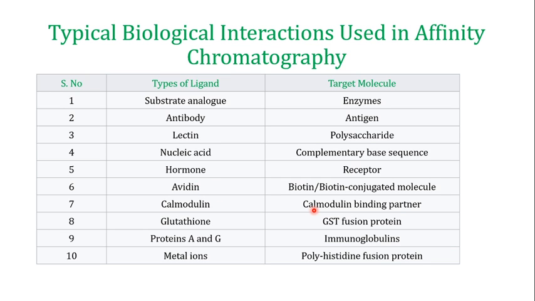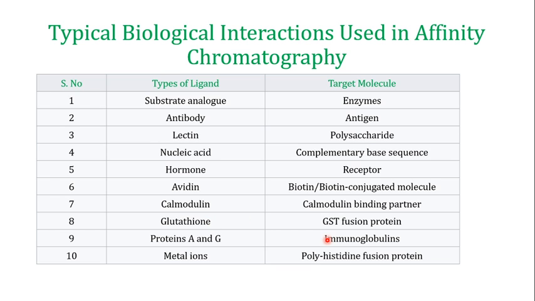If you are interested in the isolation of a calmodulin binding protein, the ligand that you can utilize is the calmodulin protein itself. If you are interested in a GST fusion protein, you can utilize glutathione as a ligand for the isolation of that GST fusion protein.